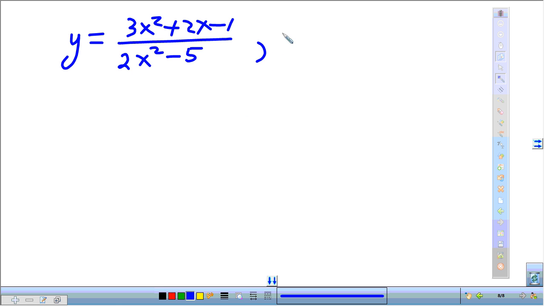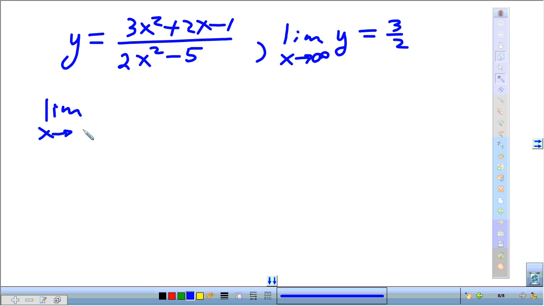This may have many characteristics, but if we look at the limit as x approaches infinity of this y, we get 3 halves. It would be 3x squared over 2x squared, reduced to 3 halves. And the limit as we approach minus infinity of this same expression, we would do the same thing and it would reduce to 3 halves.